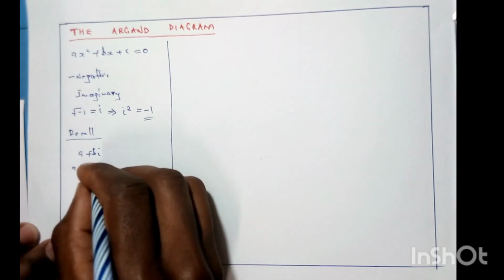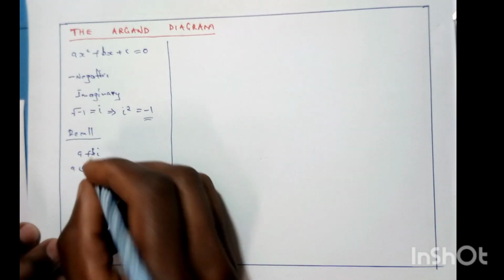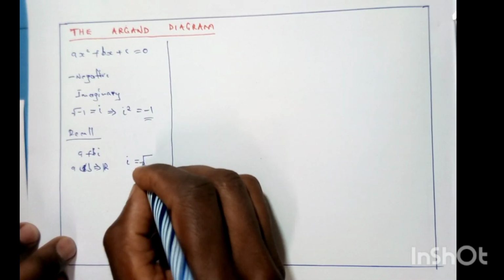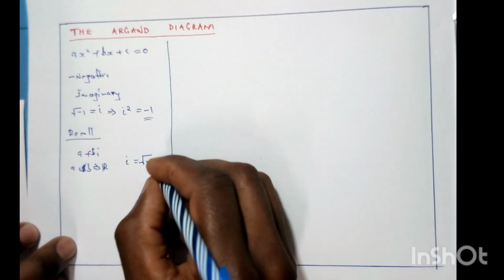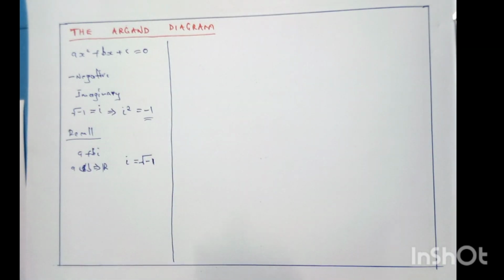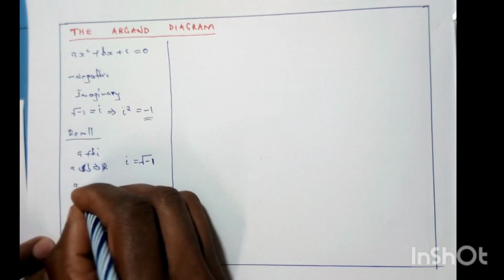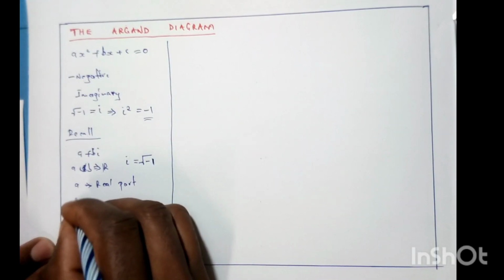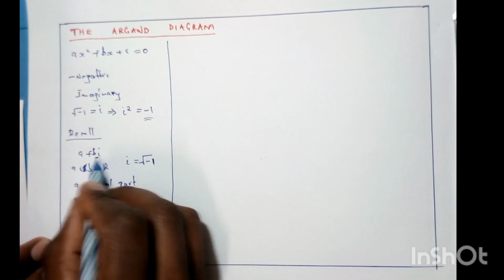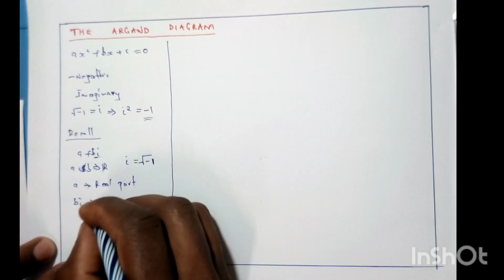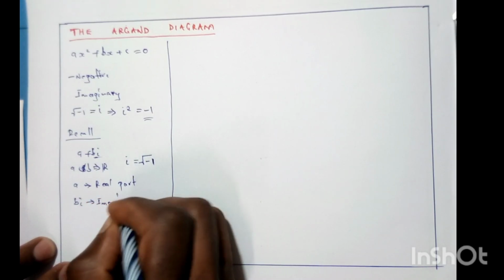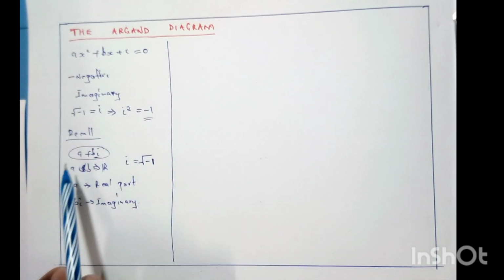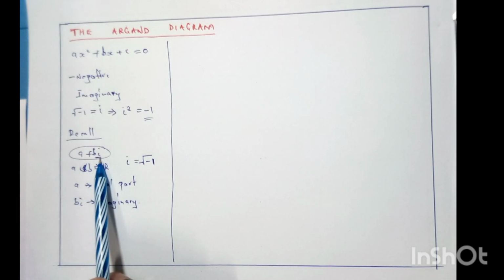The part consisting of i forms the imaginary part, where i is equivalent to the root of -1. So we can conclude that the part a forms what we refer to as the real part, and the part bi forms the second part of this representation, which is the imaginary part. The representation of a complex number therefore assumes this form, consisting of the real part and the imaginary part.